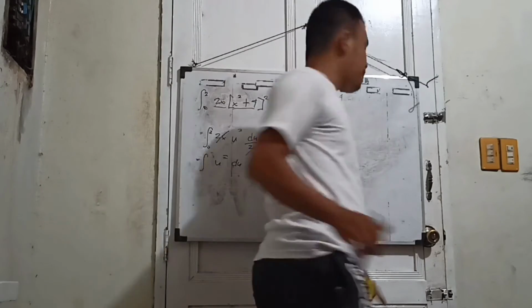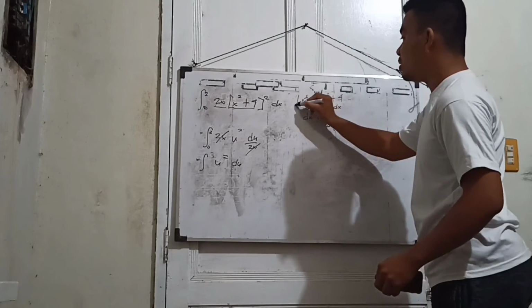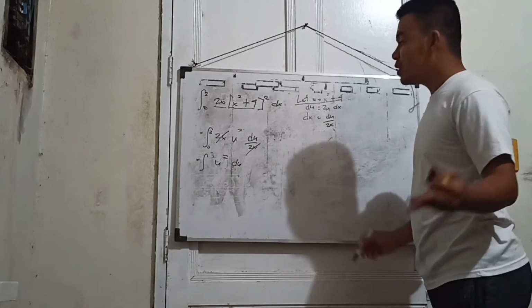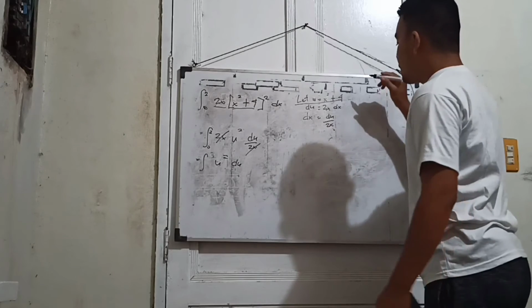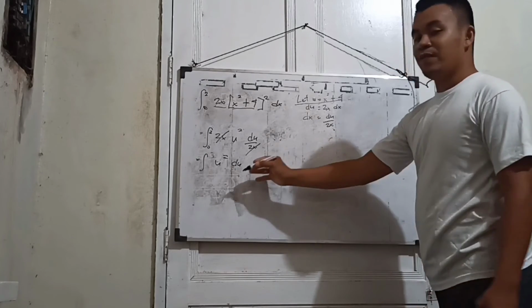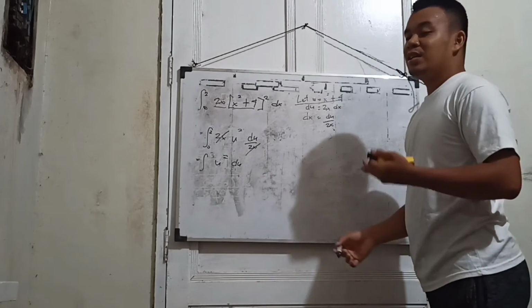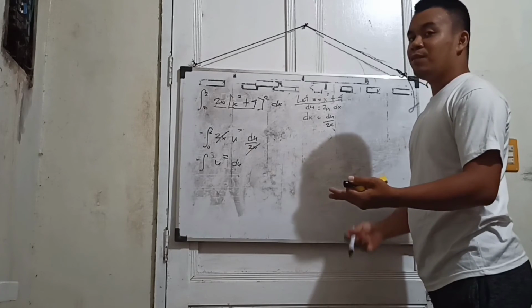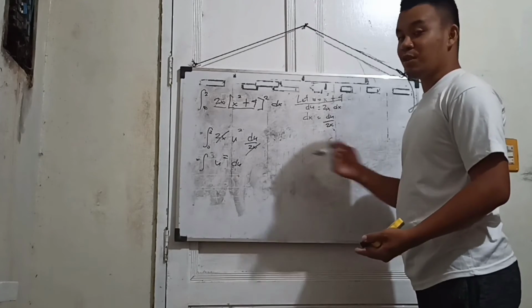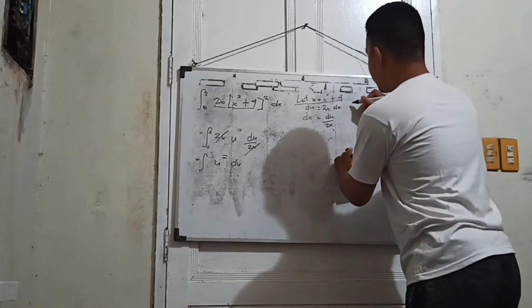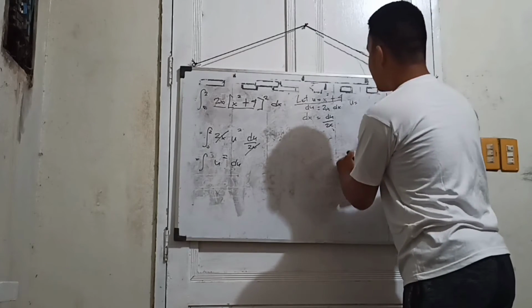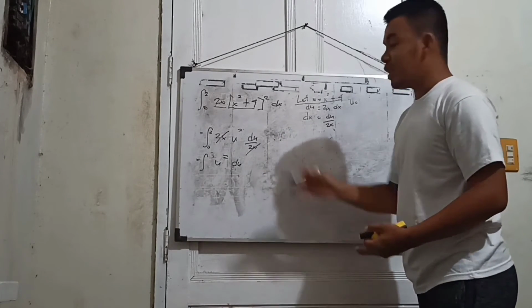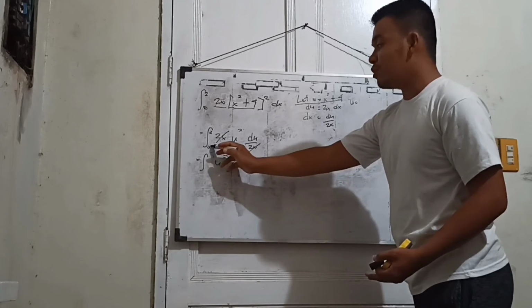So we will use this to get our new limits, so that we can solve it properly and it will be easier for us to solve. So u is equal to, we will first use the lower limit or f of a, which is 0.